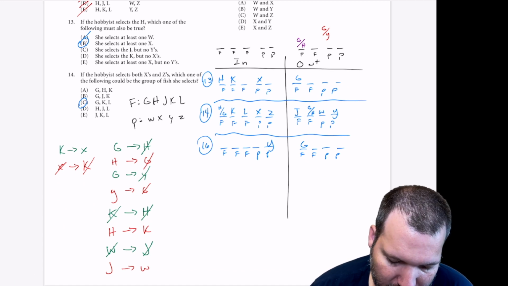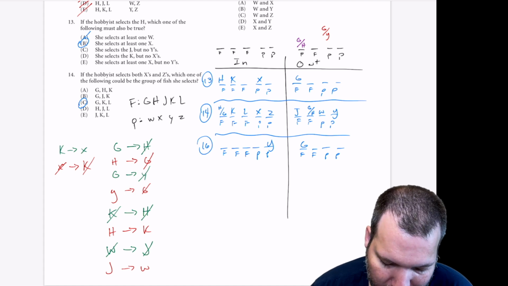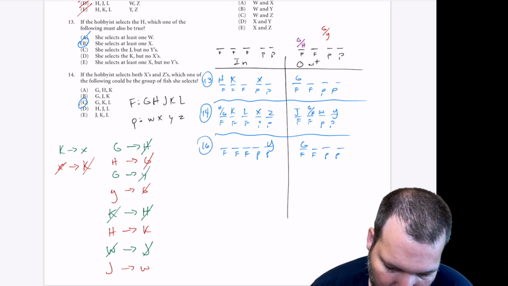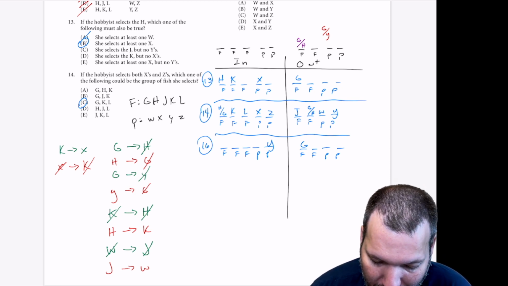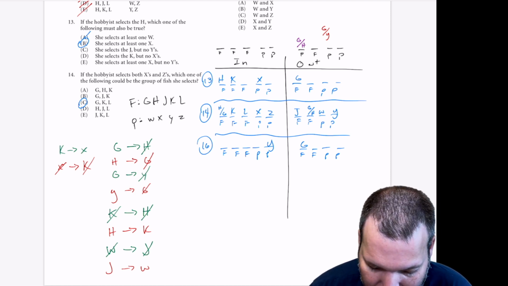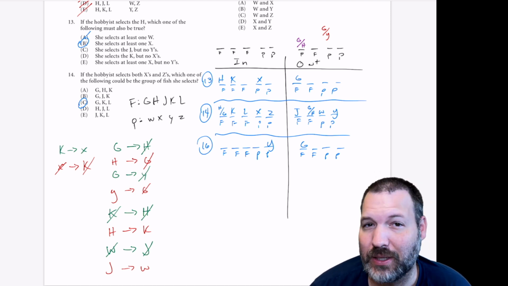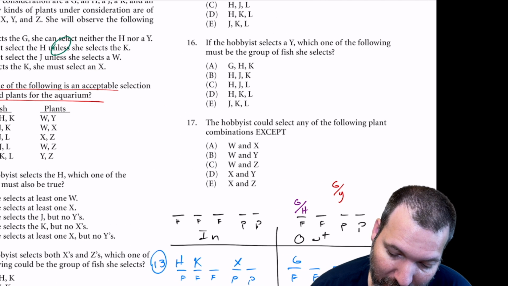If K is in, X is in, that's in play, but it doesn't have to happen. If J is in, W is in, again, that's in play, but it doesn't have to happen. I'm not seeing much, and that takes care of both placeholders. So right now, H could be in, H could be out. If H is in, K is in, X is in, that looks like a possibility. I'm not seeing much here, so let's go into the answers.